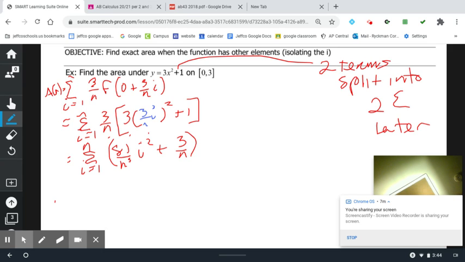Now you want to isolate. So I'm going to split this into 2 sums. The 81 n cubed out front of i squared and 3n out front of, I guess I'll just call it the ones.